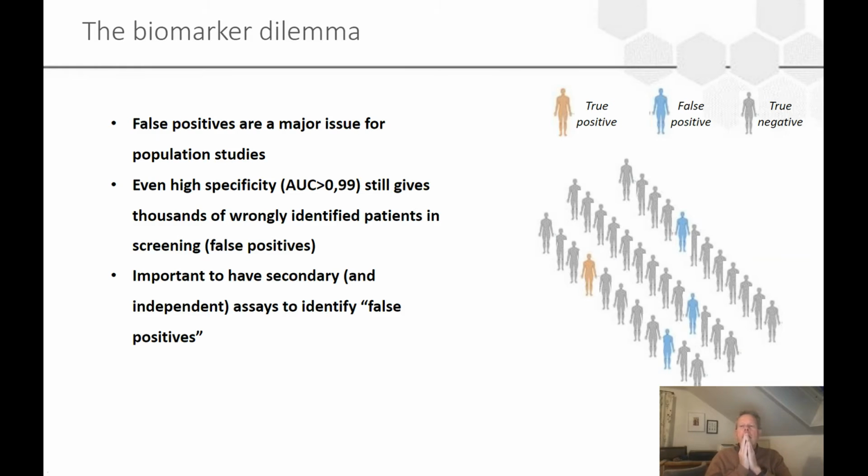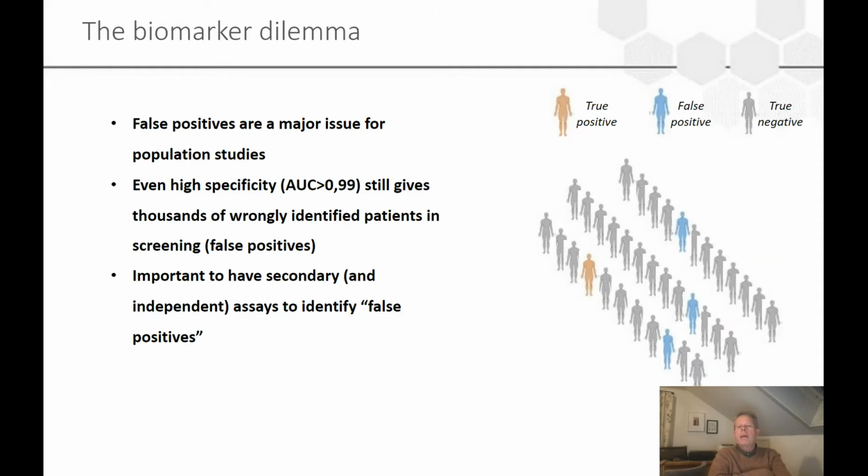Before I end, I want to just also say a little bit about the biomarker dilemma. This is the fact that false positives are a major issue for population studies. And in this case, we're talking about cancer. They are very heterogeneous, but there's also a rather noisy biology around these things.